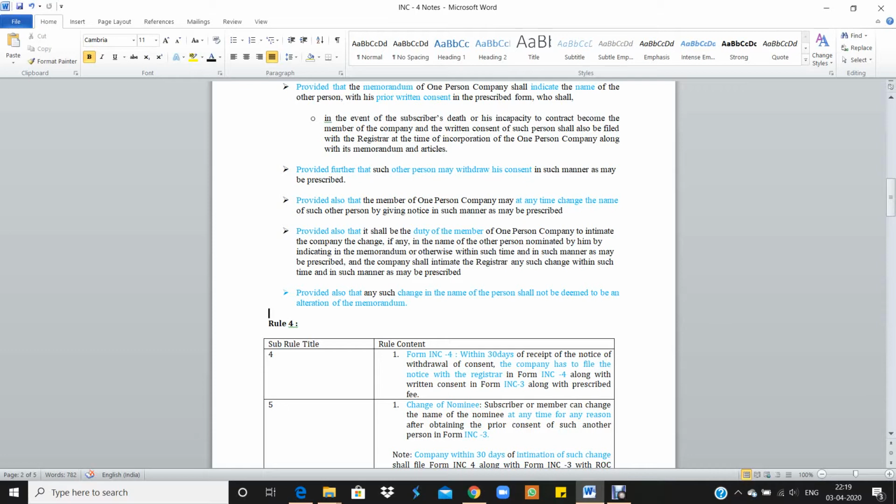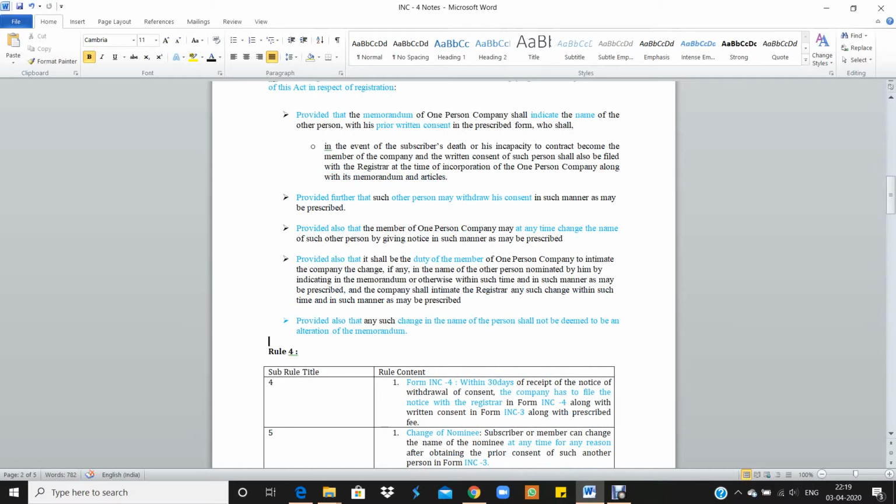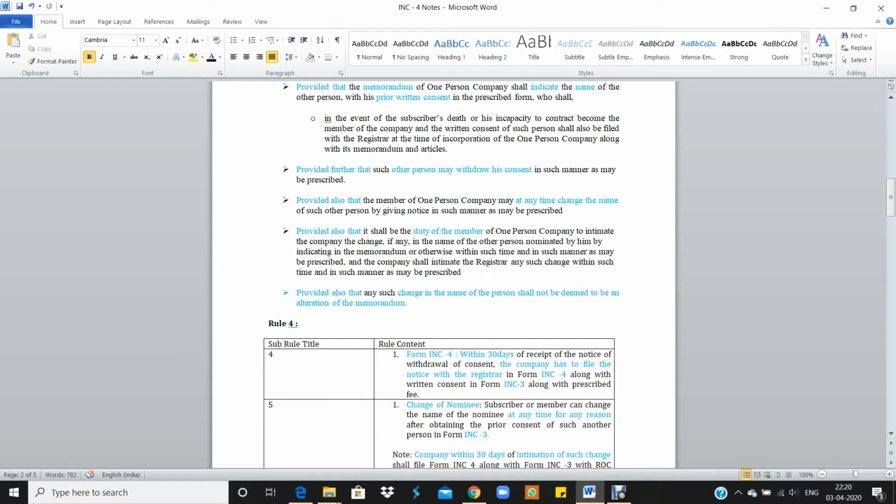So here the section defines all these things: what is the manner, and how the company or the nominee or the member has to proceed. In the sense, when there is a change or if the nominee has to give a withdrawal consent, how he has to approach and in what format he has to give. Let's see the rules which define that.